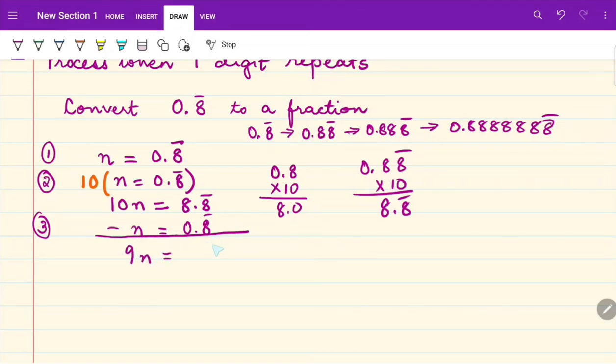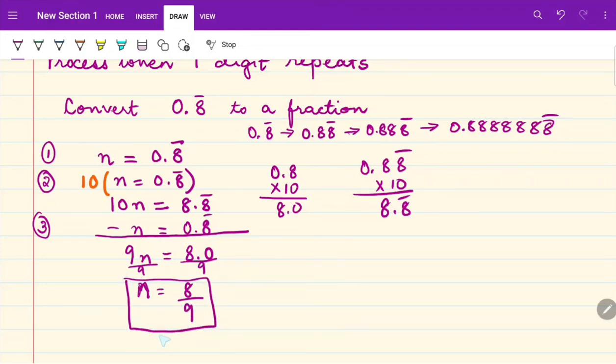On the right-hand side, I end up getting 8.0. So at this point, we have gotten rid of the decimal part, which was our goal. Now we have 9n equals 8.0. We solve for n by dividing both sides by 9, and we end up with n equals 8/9. And that is the final answer.